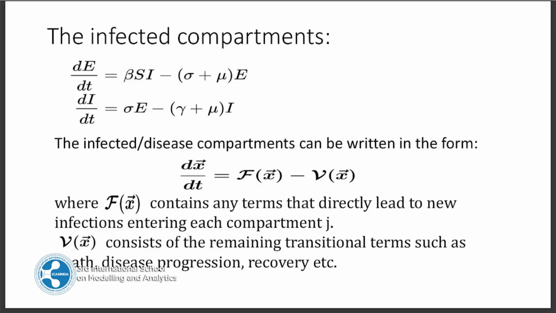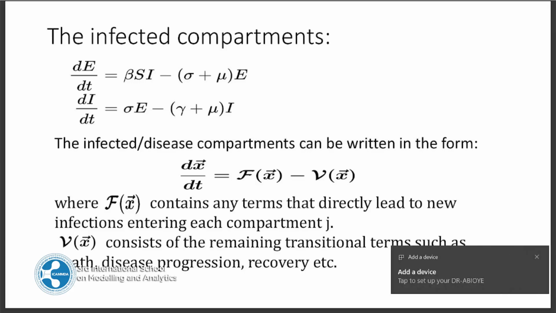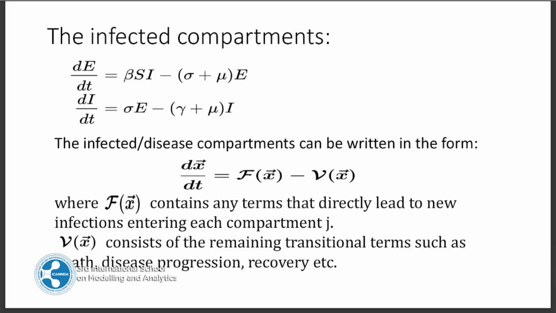By the next generation method, I need to redefine this system, E and I, in the form dX/dt is equal to F of X minus V of X. Are we together? Here F is the vector having the new infections as entries. If you look at the first equation, do we have a new infection here?